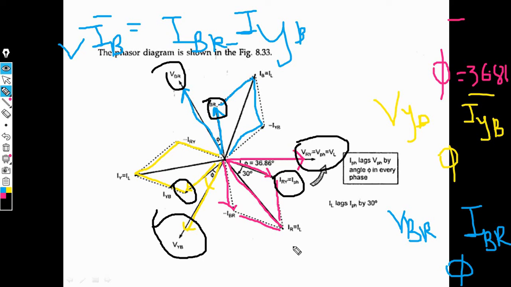Then we need current IR bar, current IY bar, and current IB bar, and we draw the phasor diagram for delta connected load. Now this is the diagram for delta connected load. At this stage, Unit 4 Part A, that is polyphase AC circuits, is completed.